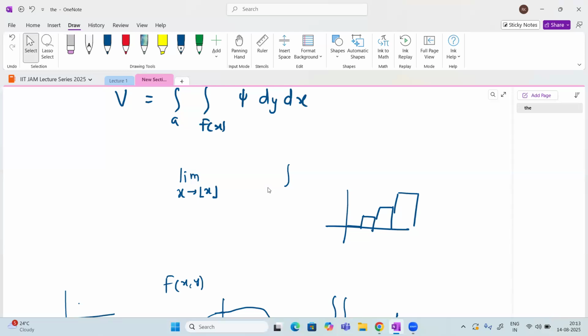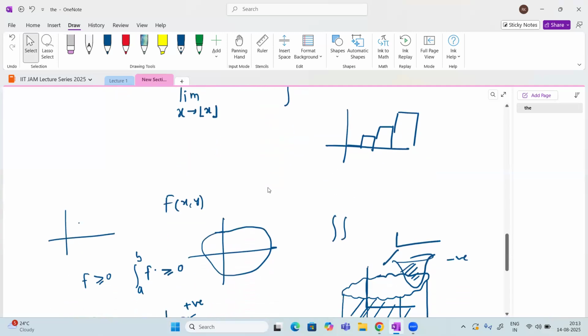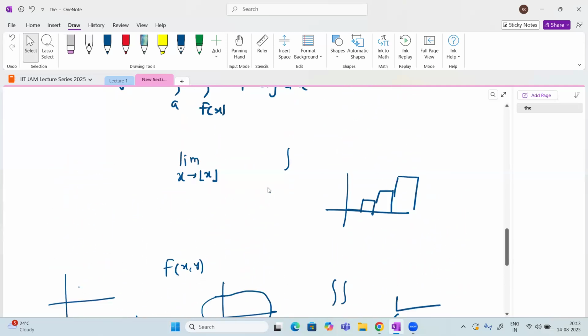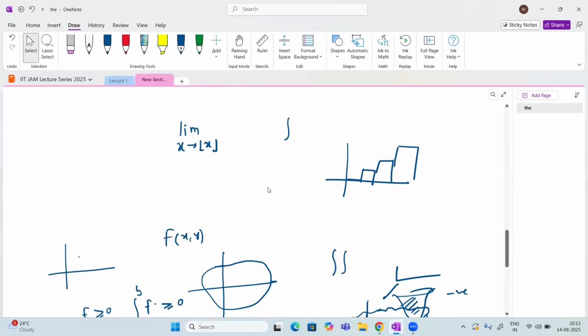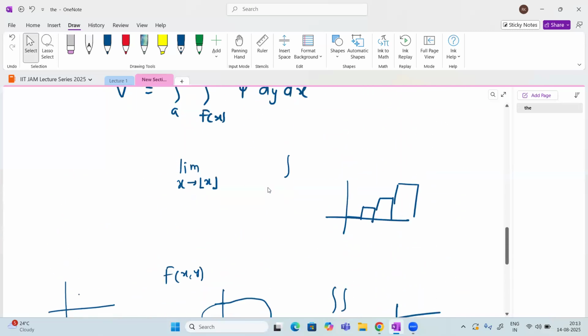Then we get double the area. Yeah, if you do it that way you will get double. Then why do you want to cancel the area if you want to get the actual area?